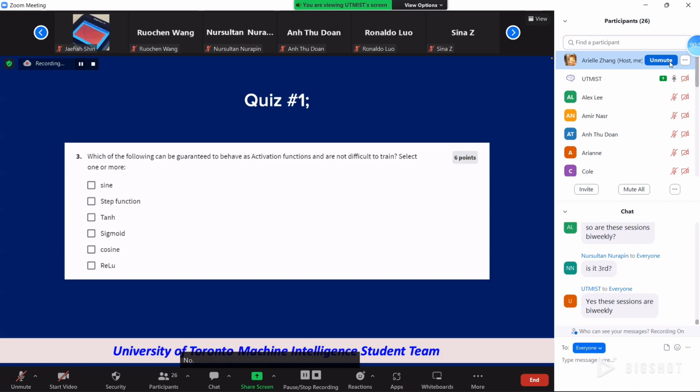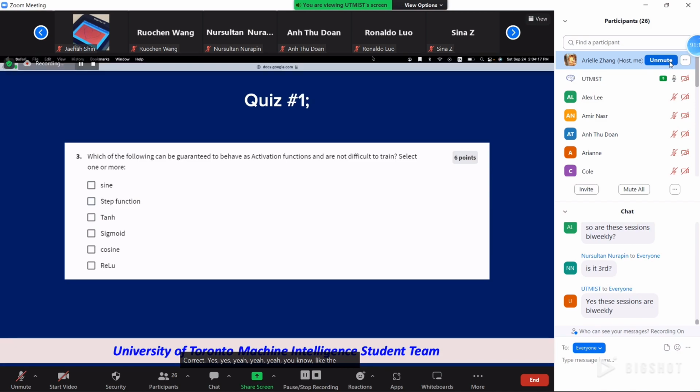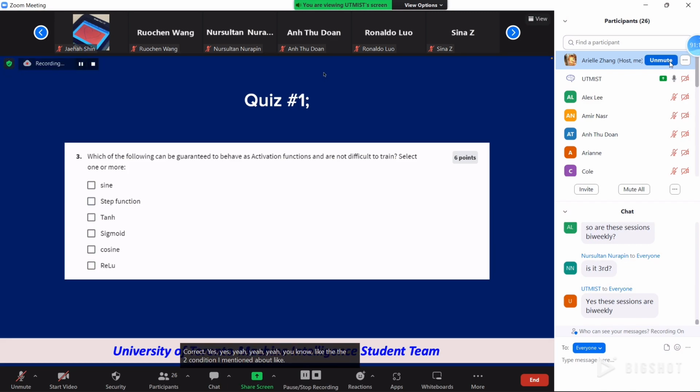Okay, go. The boy in the gray shirt. Everything except sine and cosine. Correct. Yes. You know, the two conditions I mentioned about activation functions. The first one is that it's bounded, right?